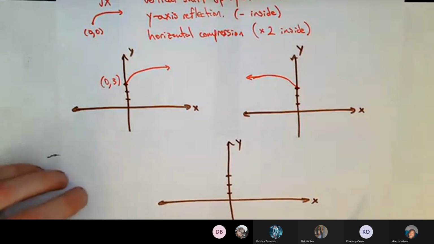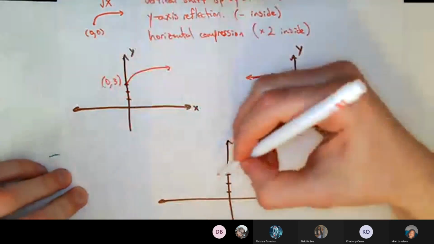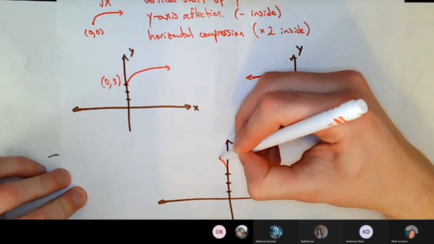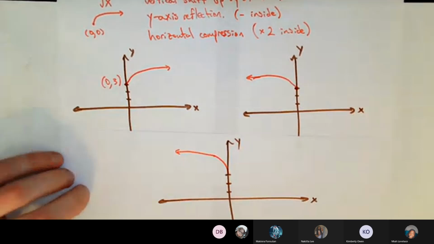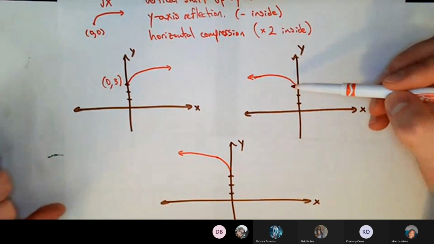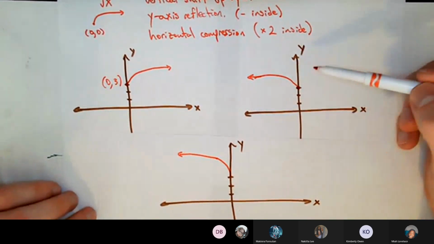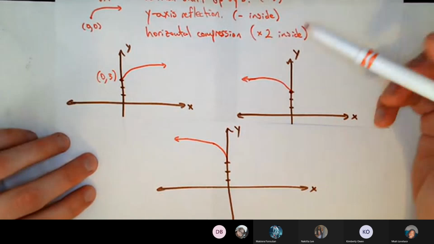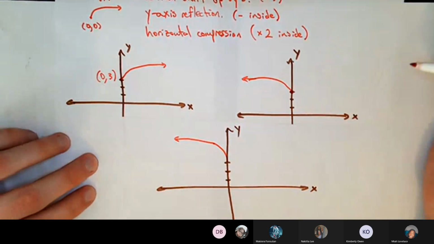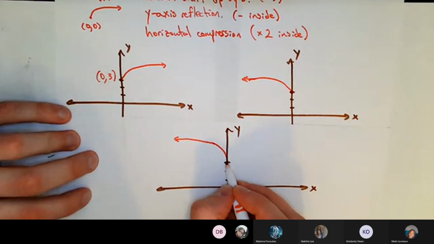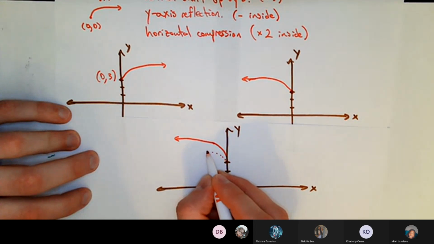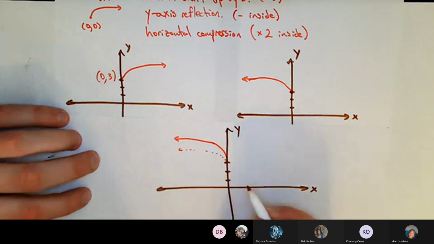So it's going to get larger vertically. So it's going to be more like that. It looks very similar, right? Sometimes it's hard to tell the compression apart. Like this graph and this graph look similar, but if I was to superimpose this one as a dotted line, it would be more like that.